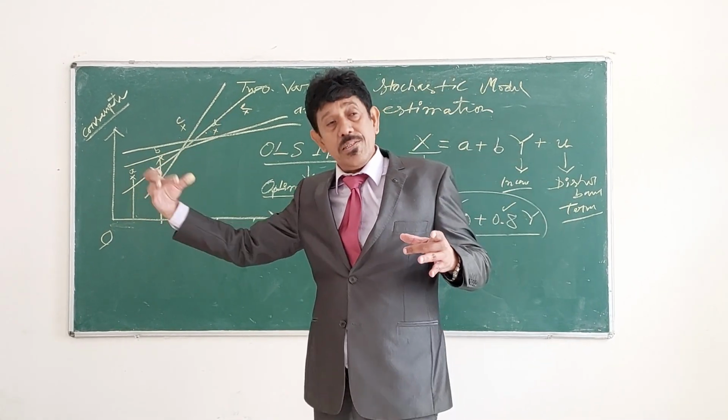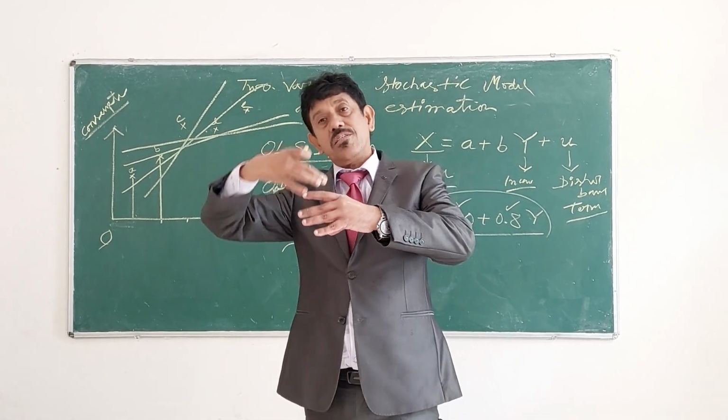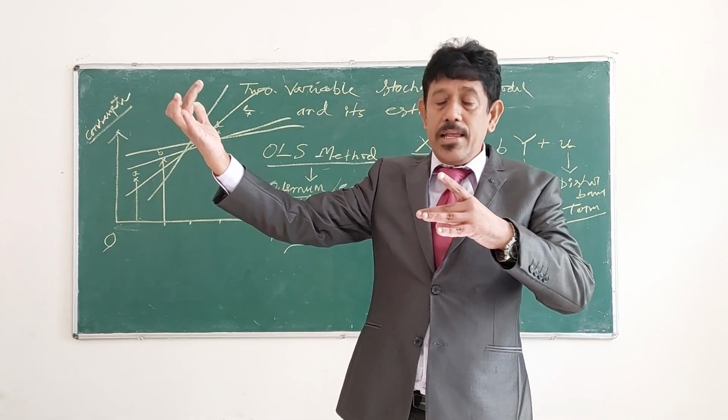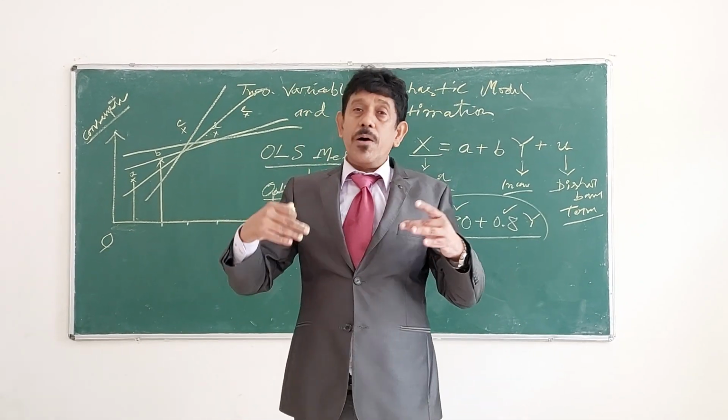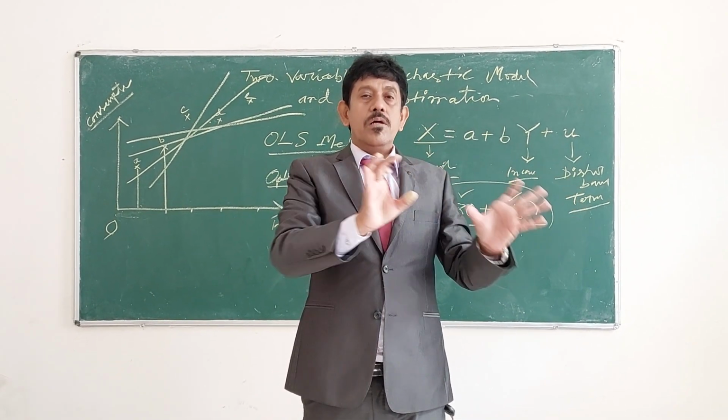What is the meaning of least square? Least means the minimum. Square means square. Square of 2 is 4, square of 3 is 9, like that. So optimum least square means the sum of the squares should be optimum.